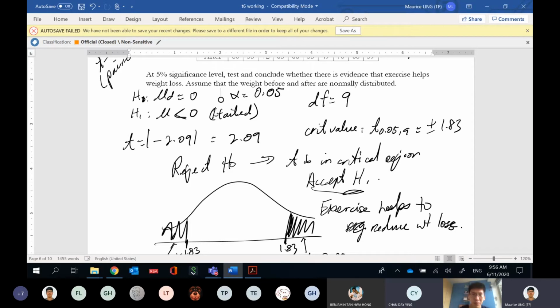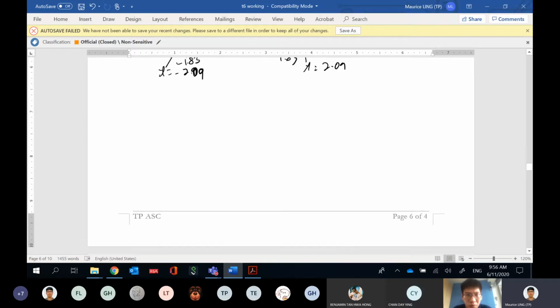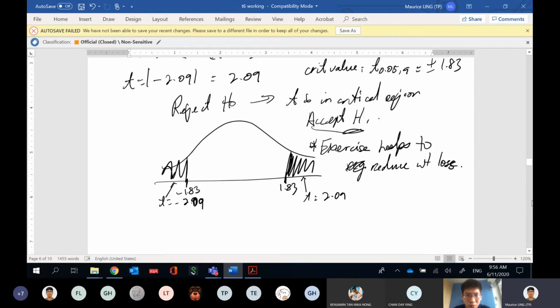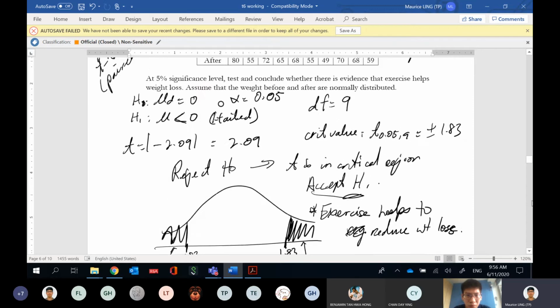Okay, so this is actually quite important, because this conclusion is 1 mark. If you never write the conclusion, you don't get that 1 mark. This is 1 mark, this is 1 mark. So 3 marks already. Then after that, we go back.